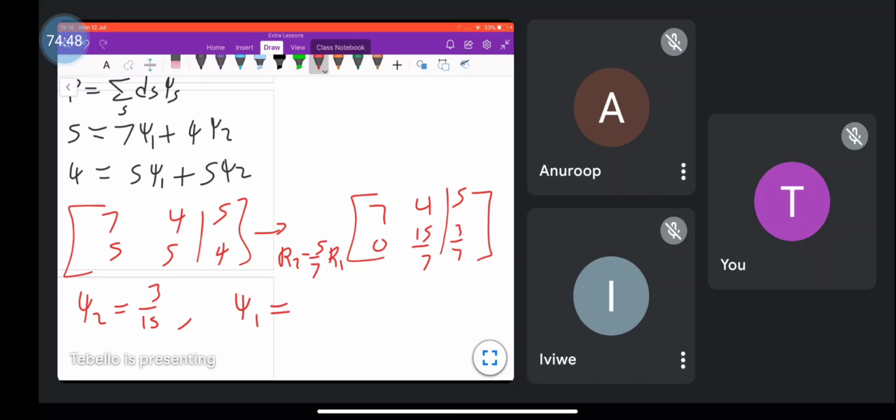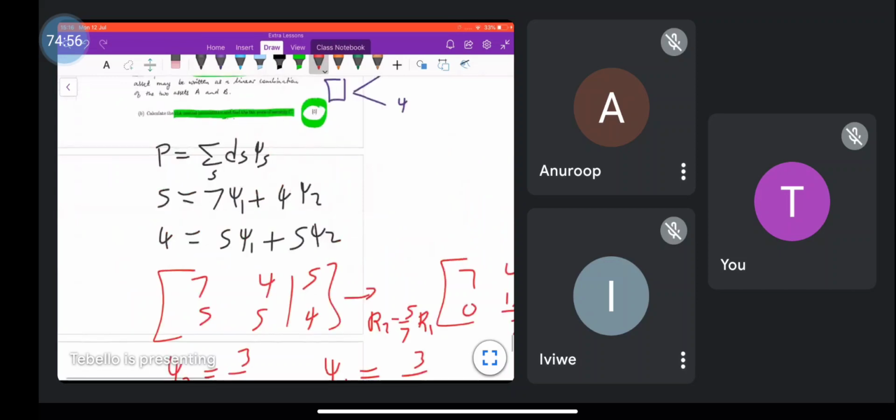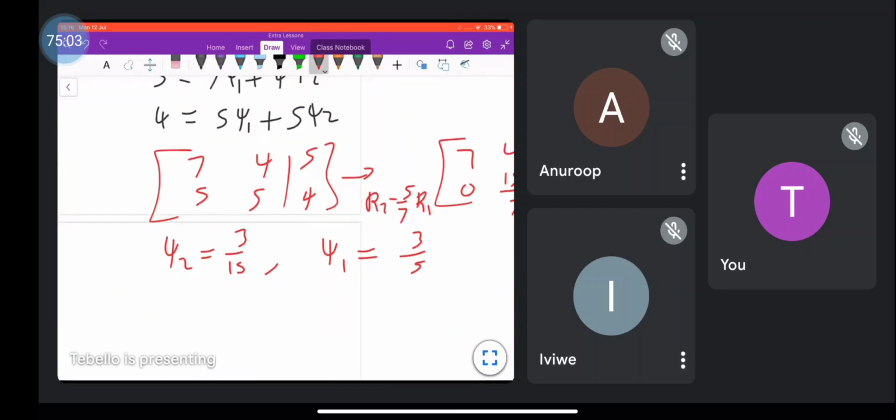And then it's going to be 3 over 5. So these are your state pricing, right? And now the question says to find the risk neutral probability. Risk neutral probability is basically artificial probabilities. So to find them, you sum your state pricing.